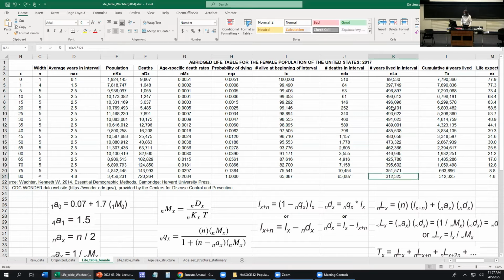For the last age group, I have to apply a different formula because, of course, I don't have the next age group because that's the last one. And there are several formulas to calculate the big LXN, and one of them is to get the average years in the interval, the AXN, which is the 4.8, so the D21 here is the A, and multiply by the number of people who died in that interval, because since everybody dies in that interval, there's 65,000 people, how many years on average will they live?